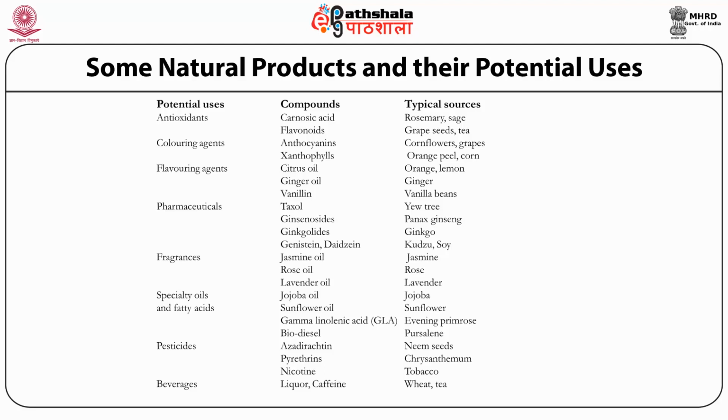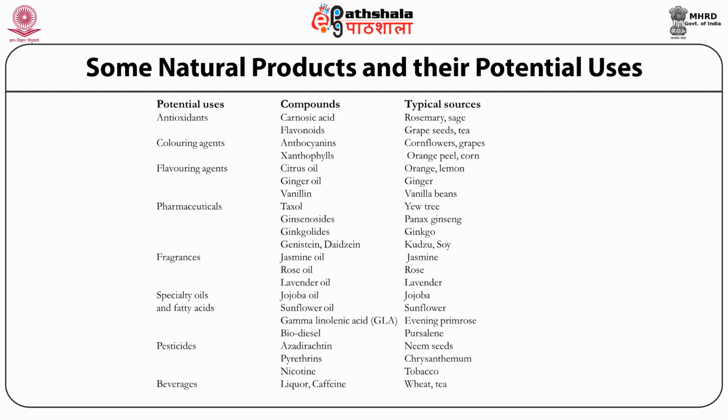They are obtained from plants shown against their name, so they make good flavoring agents. In the same way, some fragrances like jasmine oil, rose oil and lavender are other important products obtained from natural products.